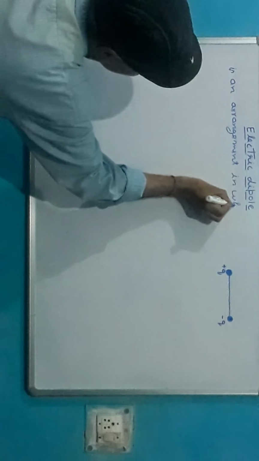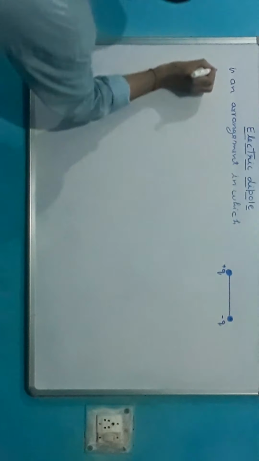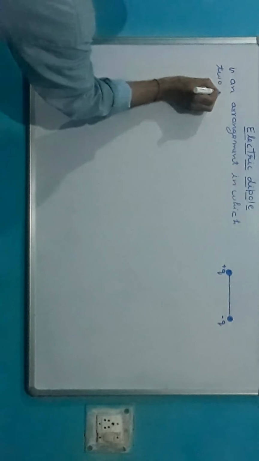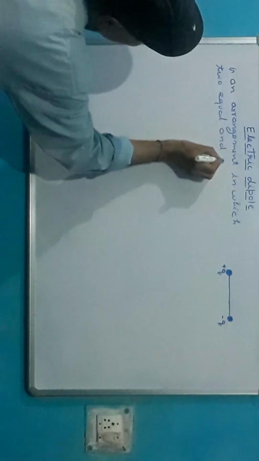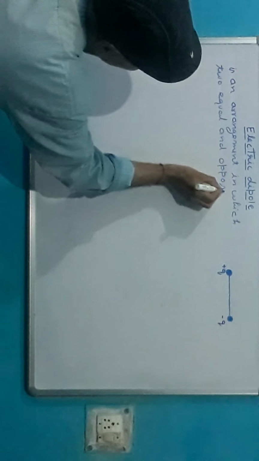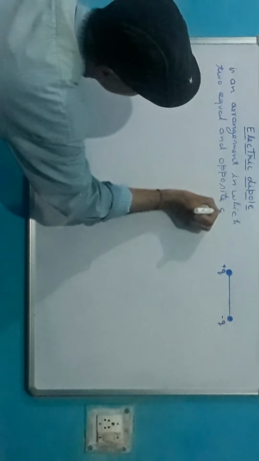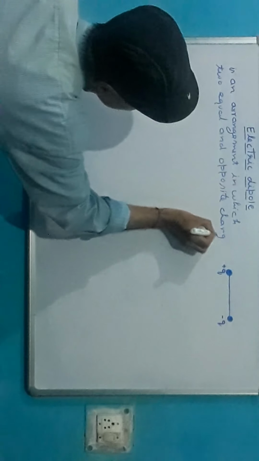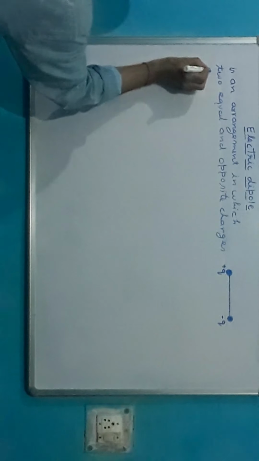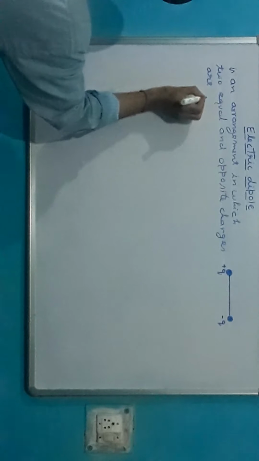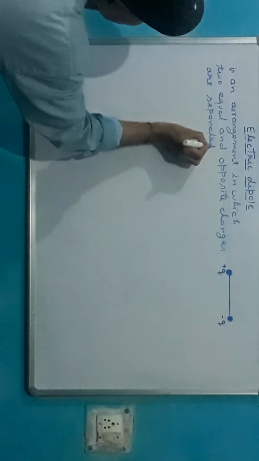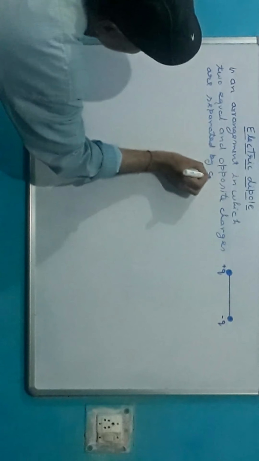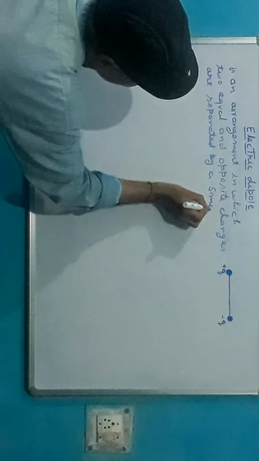two equal and opposite electric charges are separated by a small distance between them.